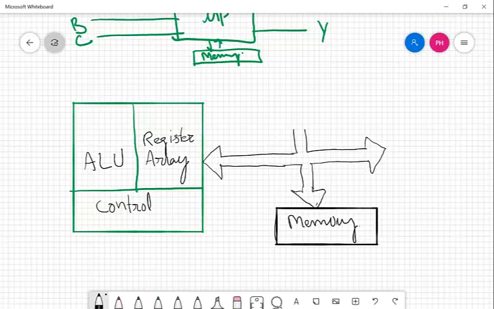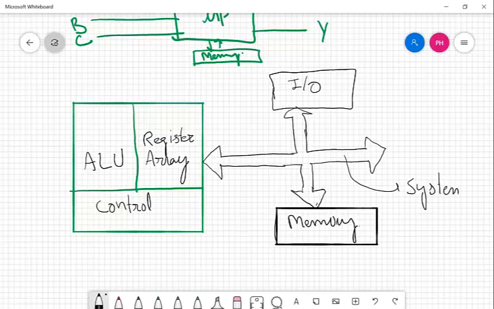I am very poor at drawing, please excuse my drawing skills. And then we also have the input output device, IO. And this is the system bus, which can be the control bus plus data bus plus address bus.